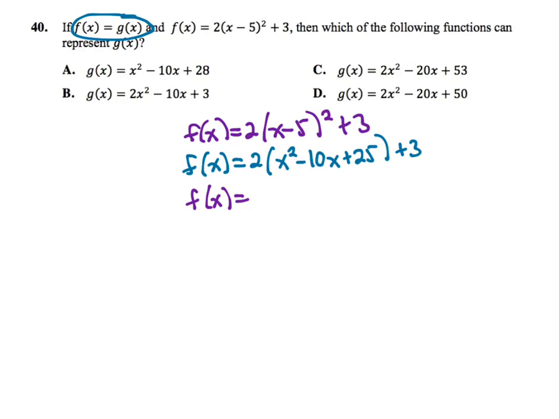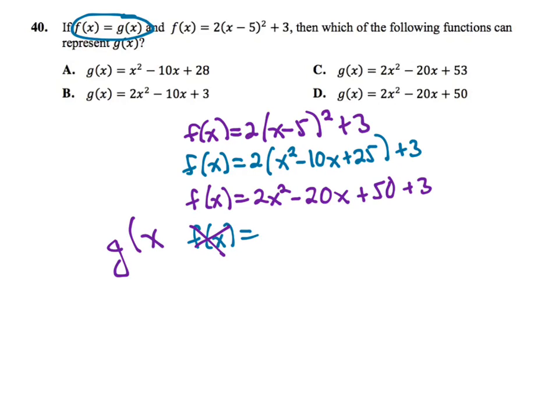So I have f of x equals 2 times each of these terms, 2 times x squared minus 20x plus 50 plus 3. Simplify, just combine these like terms, f of x, and really I could be calling this g of x, right, because those are equivalent, equals 2x squared minus 20x plus 53.